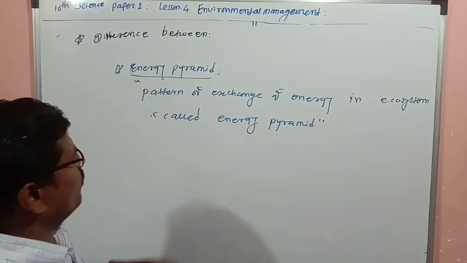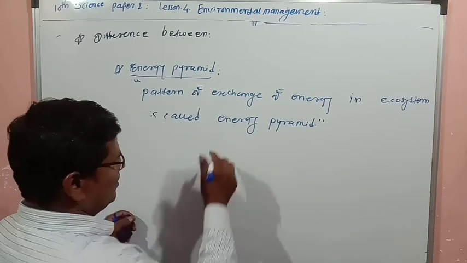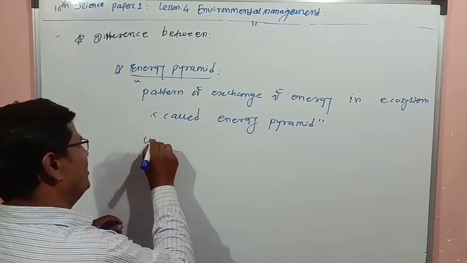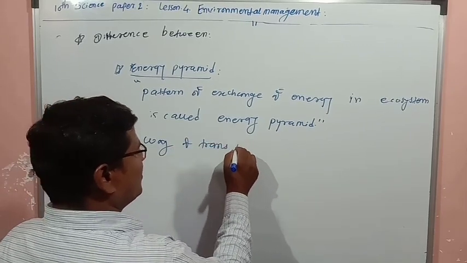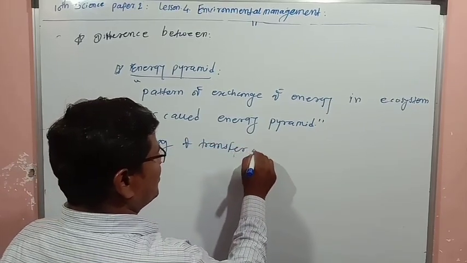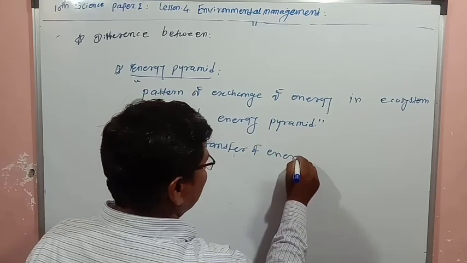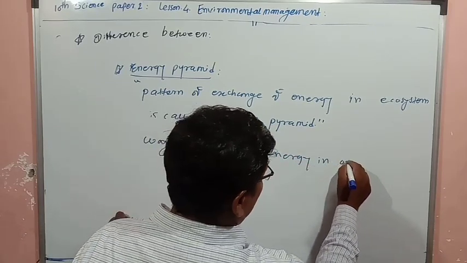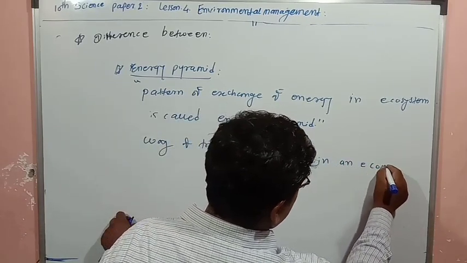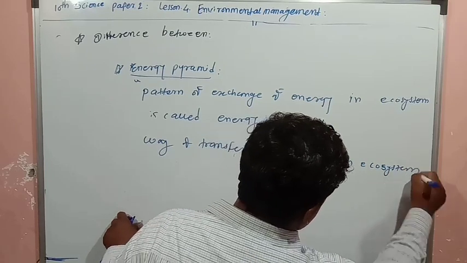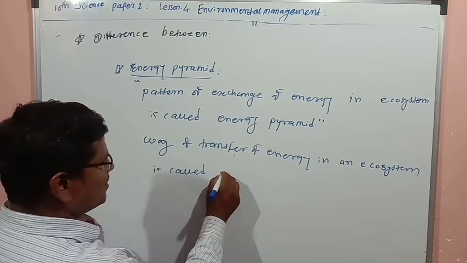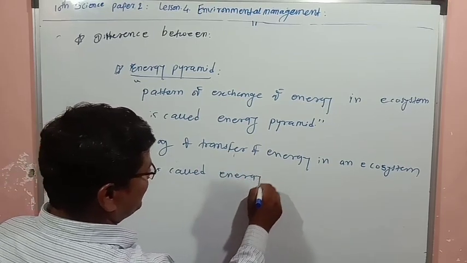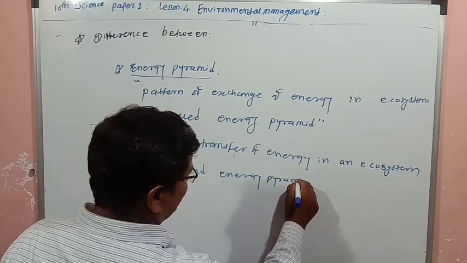So a way of transfer of energy in an ecosystem is called energy pyramid.